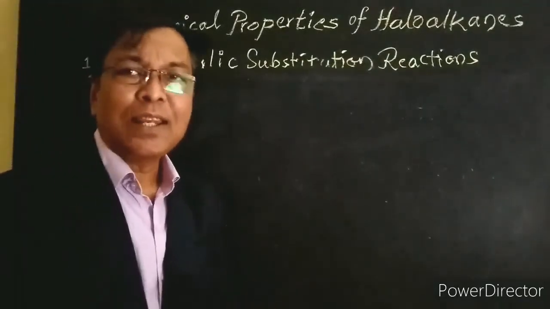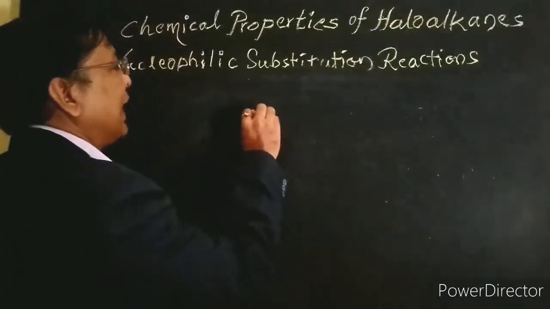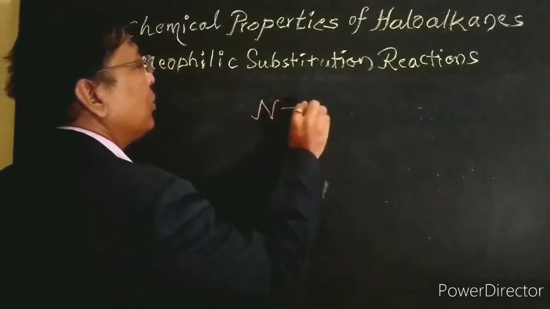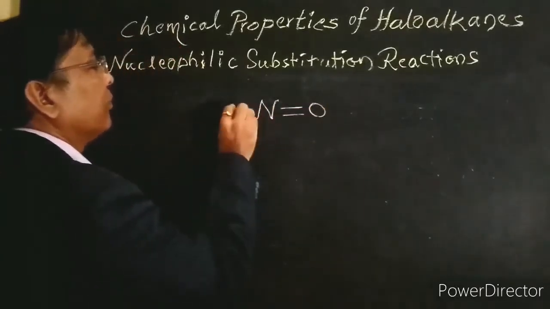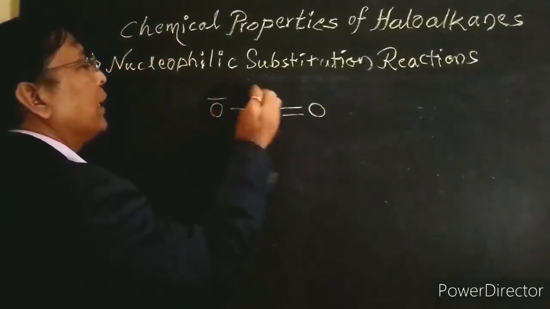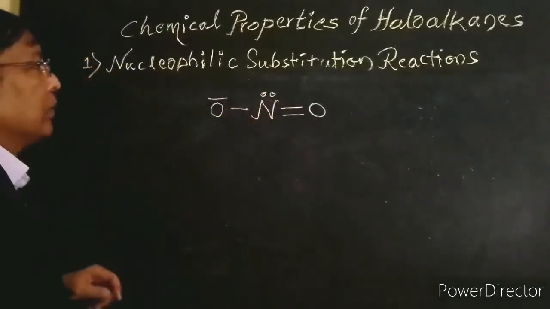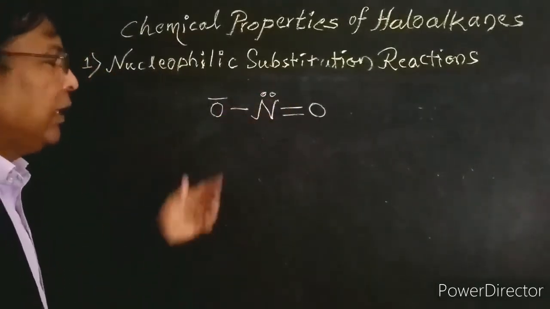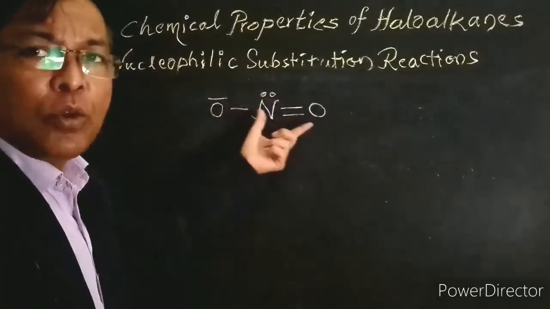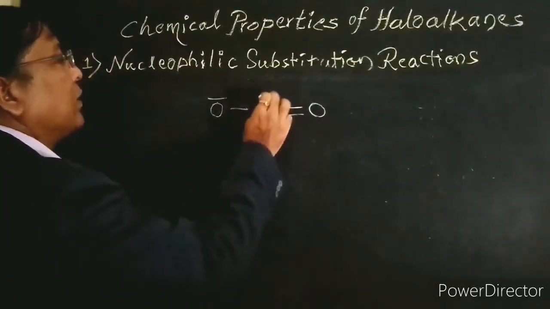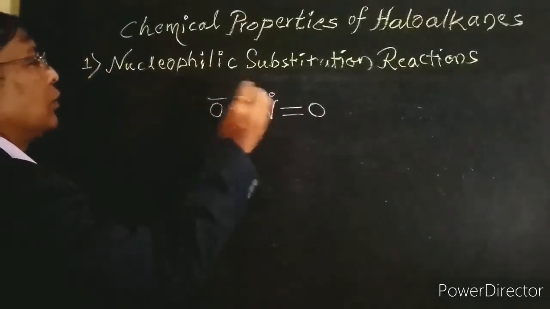Let us take another example of an ambident nucleophile, that is the NO2 group. NO2 group exists like this, O minus and a pair of electrons present on the nitrogen.